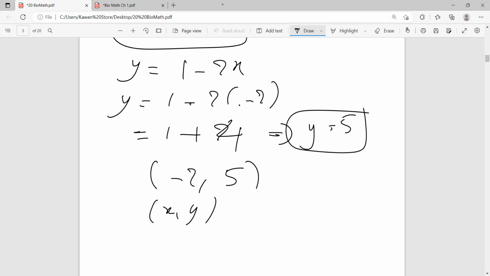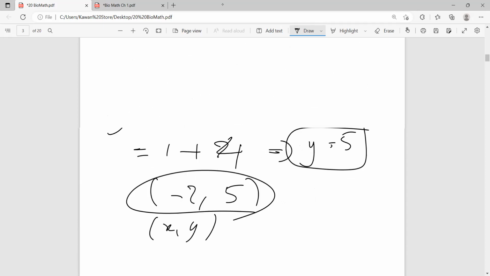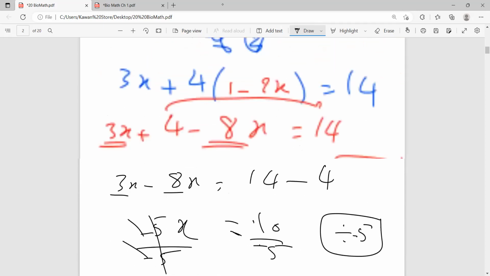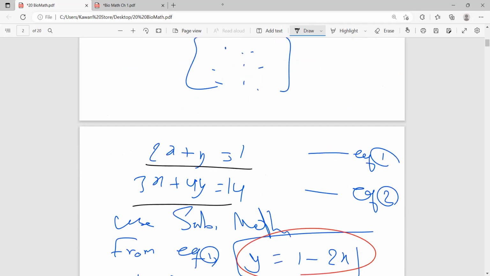Clear, dears? Good. Now, what does the solution give you in reality? The intersection. For example, you can draw the first line. I have two equations.